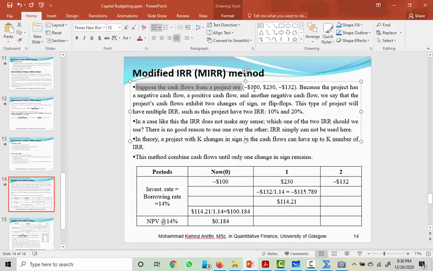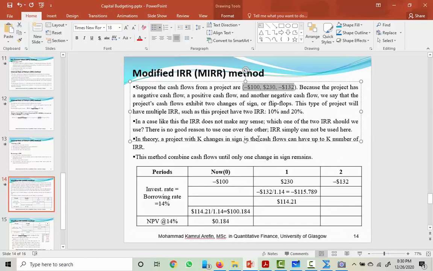So suppose the cash flows from a project are these. As we can see here, we have two changes in sign. From here to here there is one change in sign, and from here to here there is another change in sign.